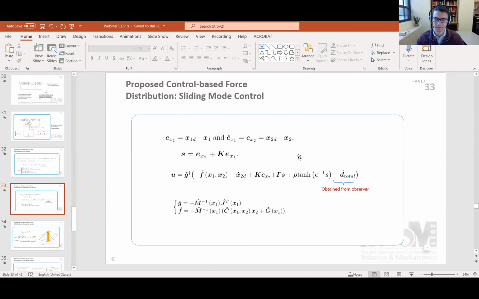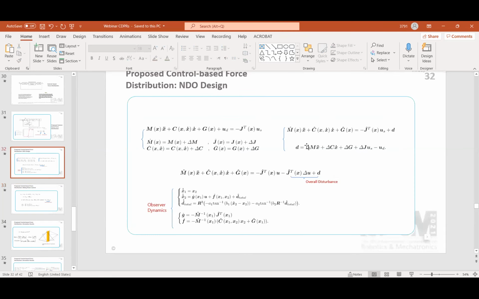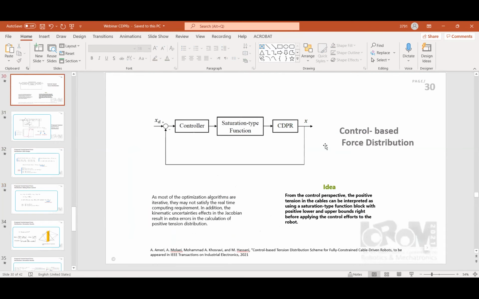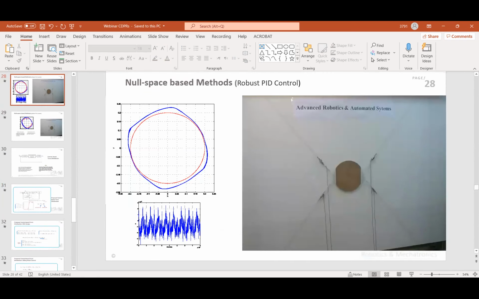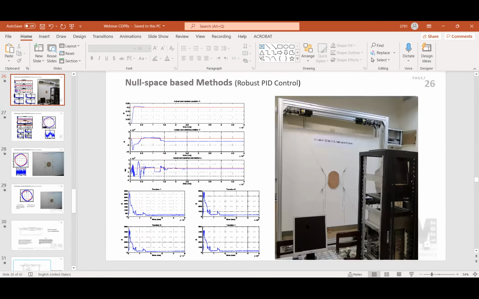Tobias, you have a question? Yes, thanks for the nice presentation. I have a question regarding the influence of the cable, because up to now, most of us, if not all, are mainly focusing on applications where the cables are more or less straight lines.